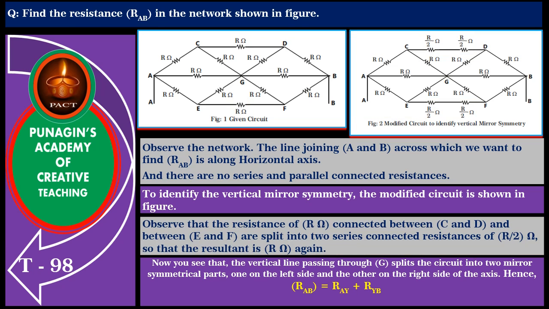Now, you see that the vertical line passing through G splits the circuit into two mirror symmetrical parts, one on the left hand side and the other on the right hand side of the axis. Hence, RAB is equal to RAY plus RYB.